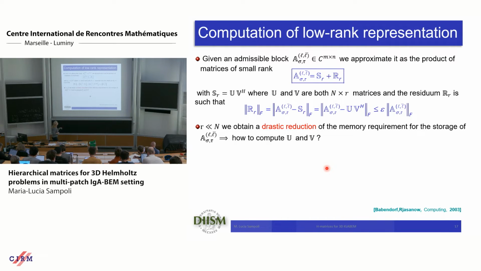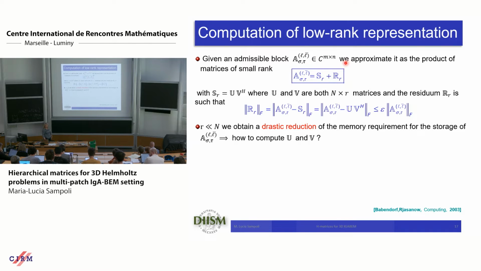So, just to see briefly how we can compute this low rank approximation: we would like to take, for instance, this block, which is an admissible block, and approximate it with a low rank approximation.